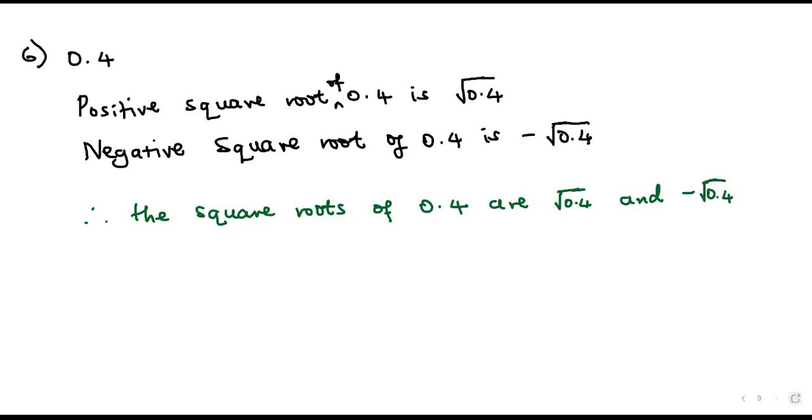Let's do a very quick practice for about 4 minutes. Let's have number 1 as 49. Let's have number 2 as 4 out of 25.